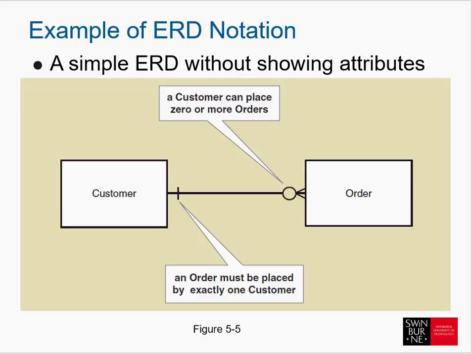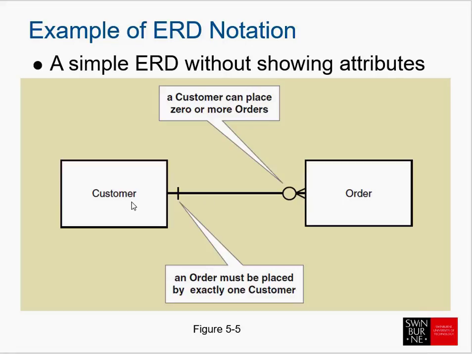So this is an example of an entity relationship diagram notation. Please recall your knowledge in database analysis. Now this simple ERD shows you two entities, and the relationships between these two entities, and also cardinalities like one and many between them.